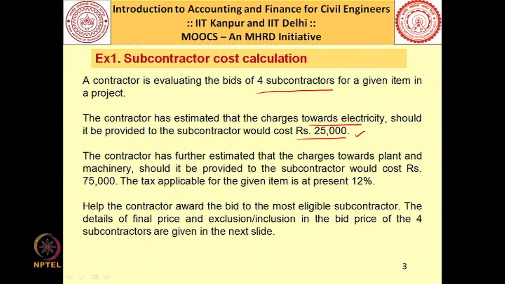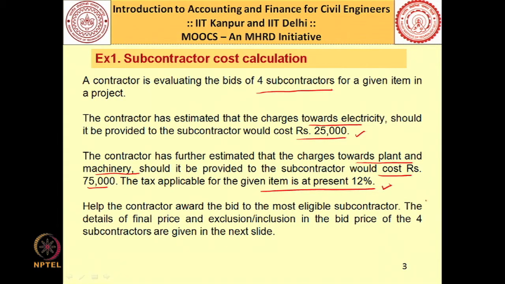Likewise, I have further estimated that if someone is not considering plant and machinery for the work, and if I have to provide the plant and machinery to the subcontractor, it would cost me 75,000. I also know that the tax applicable for this item is at present 12%.